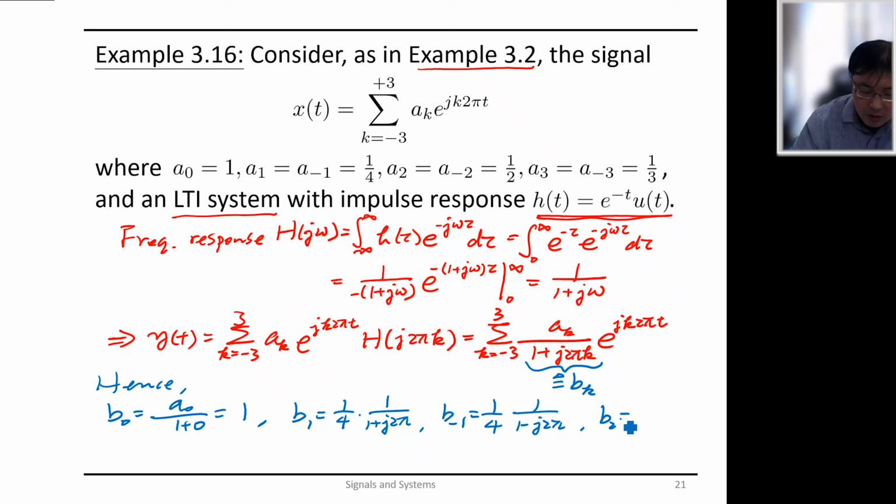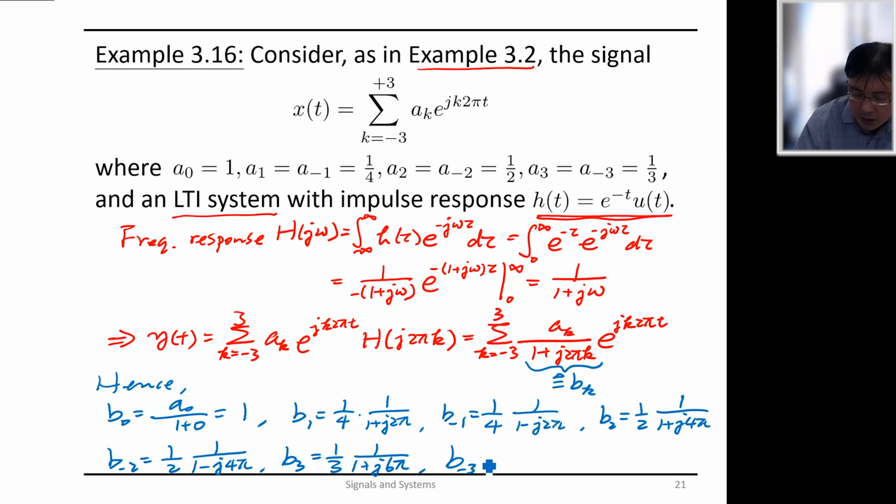So b2 is 1/2, which is a2, times 1 over 1 plus j 4 pi. b minus 2 is 1/2 times 1 over 1 minus j 4 pi. b3 is 1 over 3 times 1 over 1 plus j 6 pi.